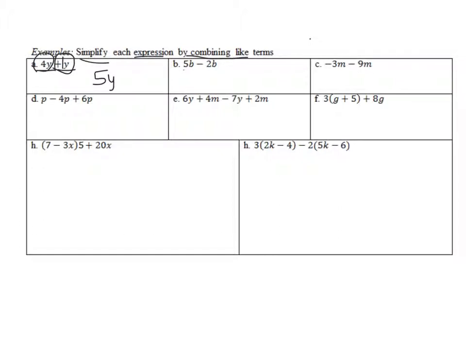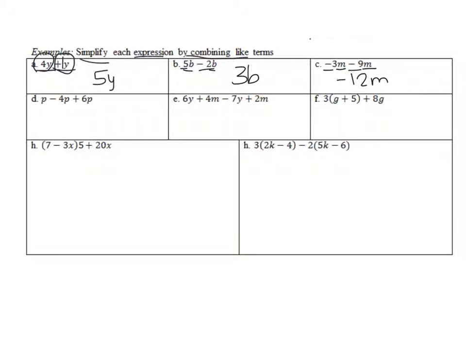We can combine the next one because they both have b's in it. So a 5b and a -2b is going to be a 3b. Letter C, they both have m's in it. So we can add -3 and -9 and get -12m.